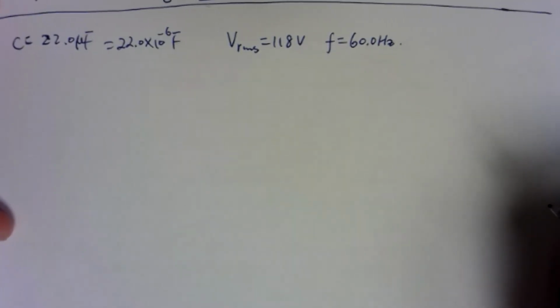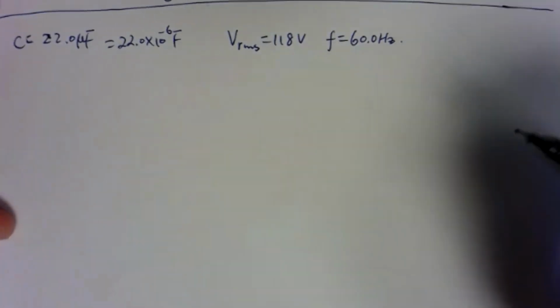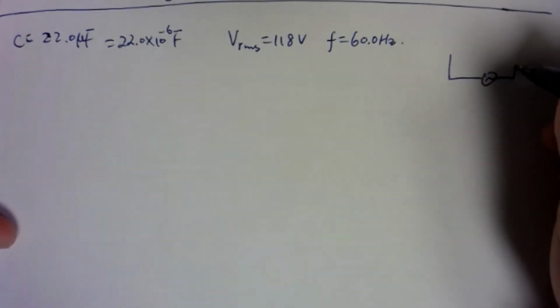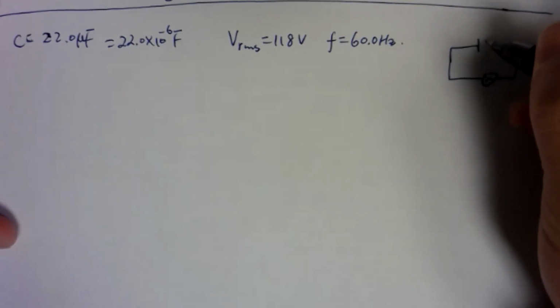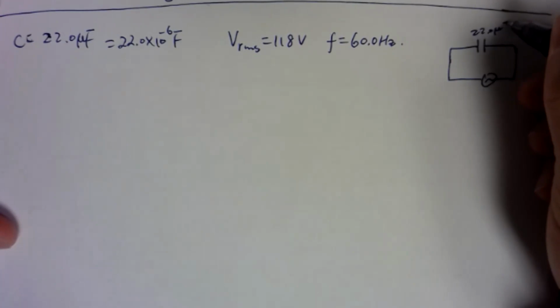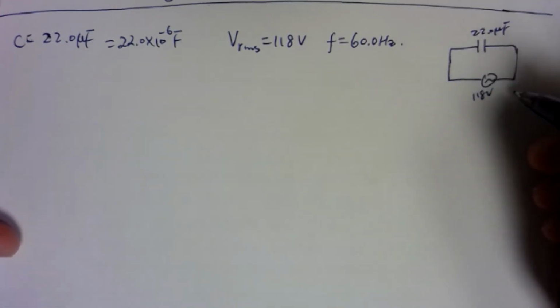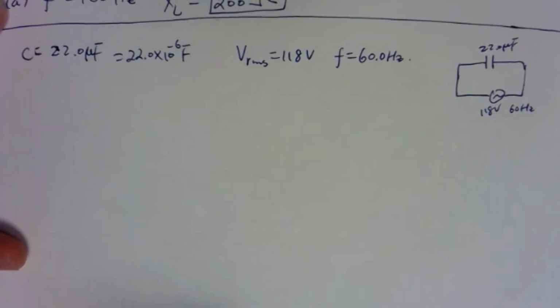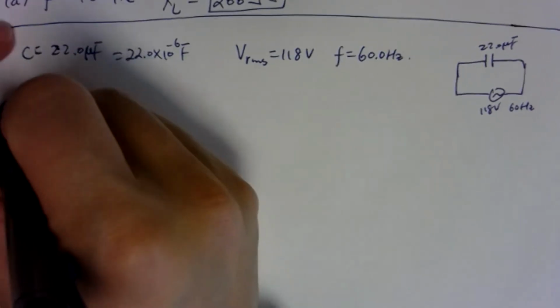So this is the AC circuit, with a 22 microfarad capacitor, 118 volts and 60 hertz. What is the current?